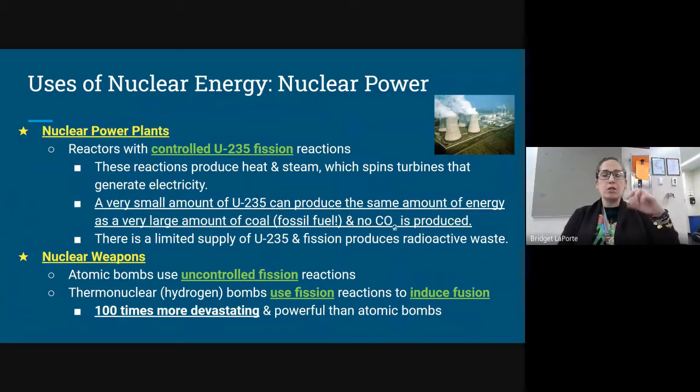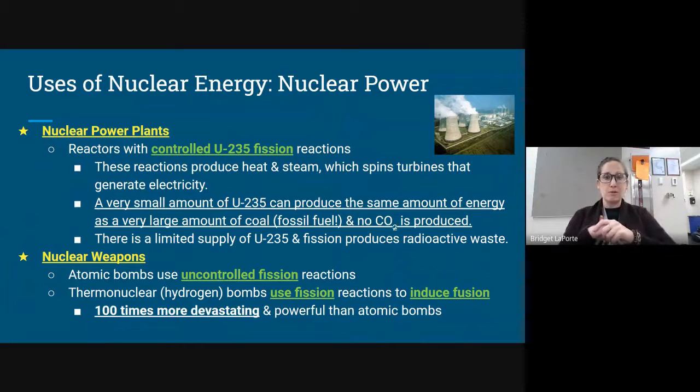That's because it uses the energy and heat and power created from that fission reaction, from that chain reaction, to induce high enough temperatures to cause fusion to happen. So basically what we do is we create that fission, we have that chain reaction, and the temperature gets so hot inside the bomb that it is able to then take those smaller nuclei and smash them together and have fusion, just like what's happening in the sun.